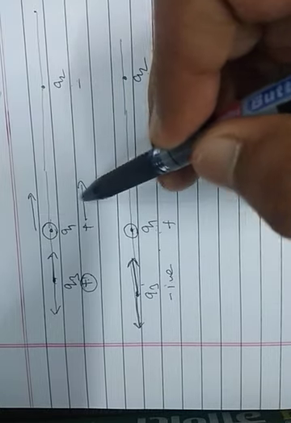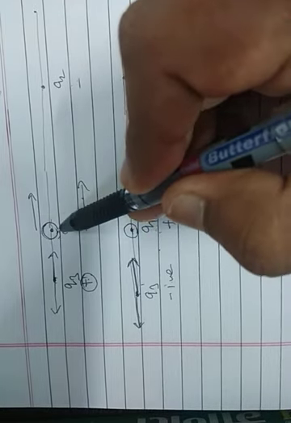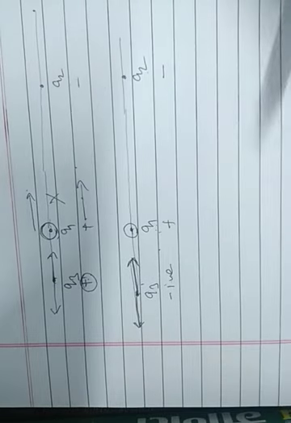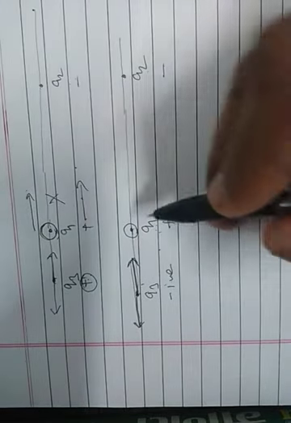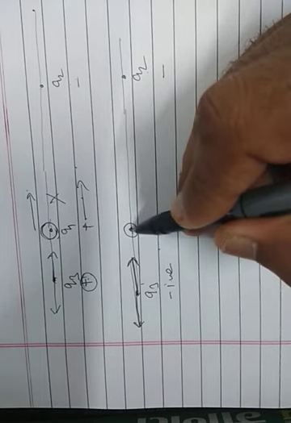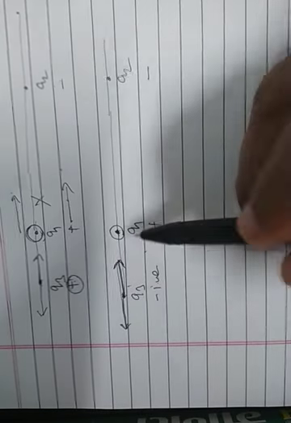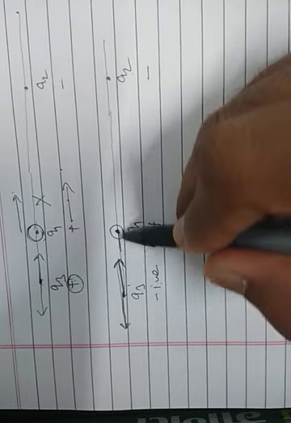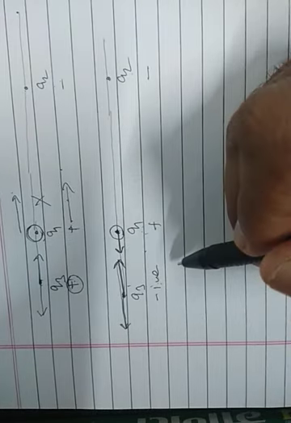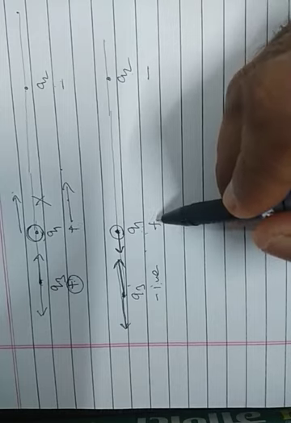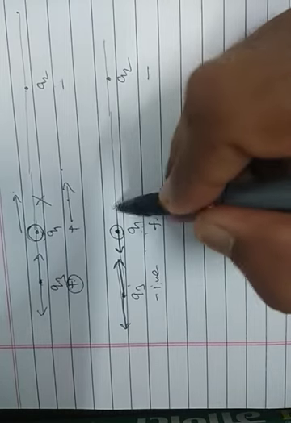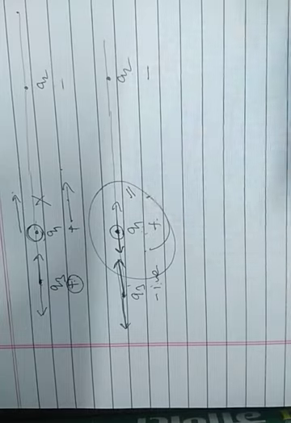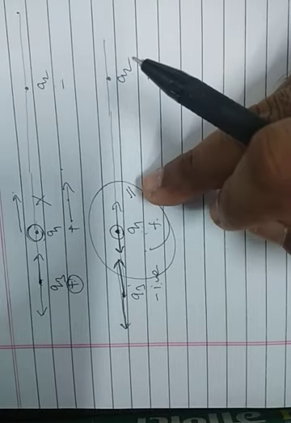Now both forces on Q1 are in one direction, so equilibrium does not exist here. Here also we will check equilibrium on charge Q1. Now if it is negative, this charge is attracted by this negative charge, and as this was a positive charge, it is also attracted by this charge. So here equilibrium of Q1 is possible.